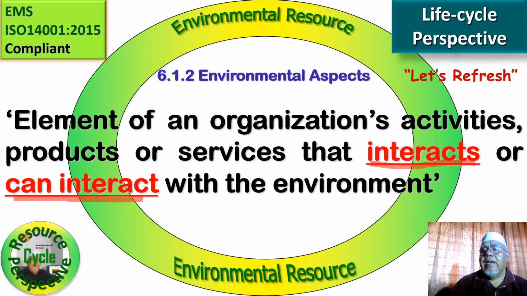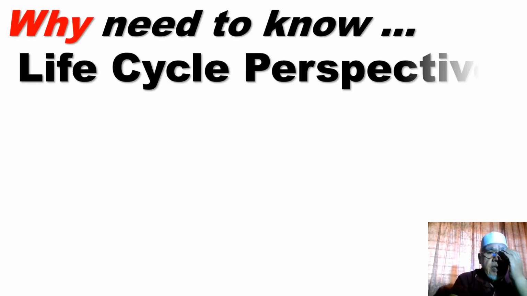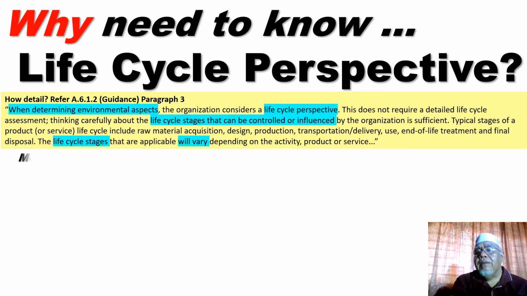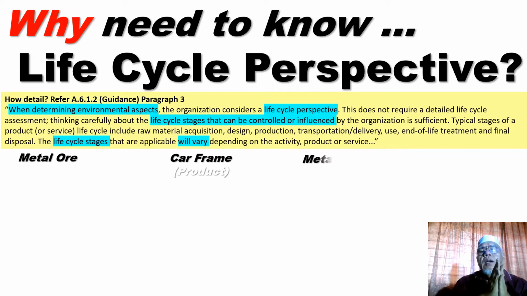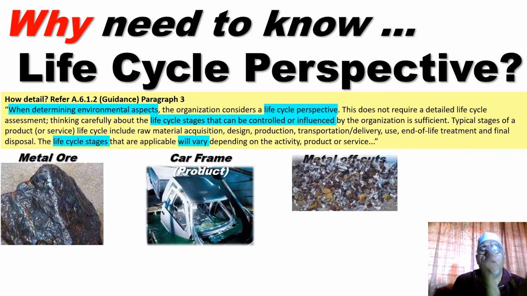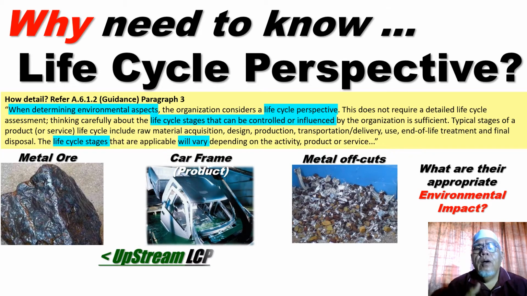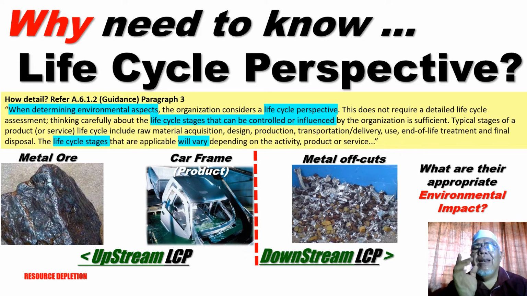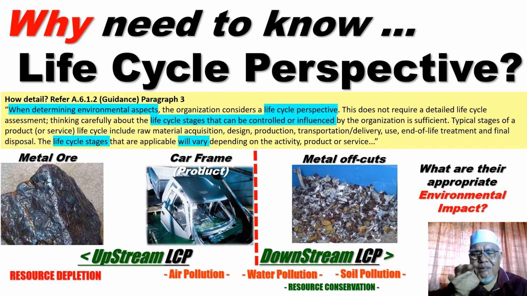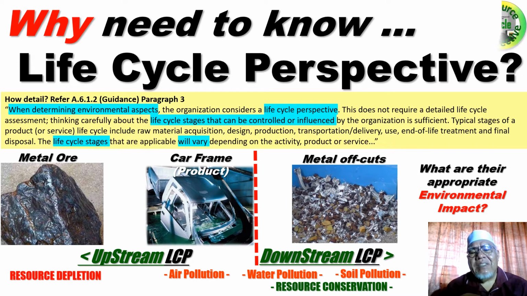Now let's take a look into the next slide, why we need to know life cycle perspective. I'm giving you a holistic, an overview picture when we do life cycle assessment, but we're not going to do life cycle assessment, because if we do life cycle assessment, we have to have allocation and boundaries.